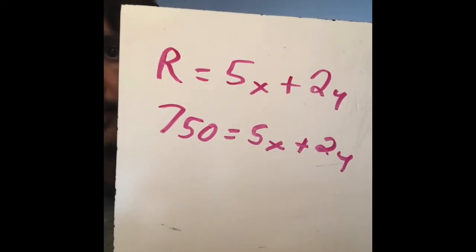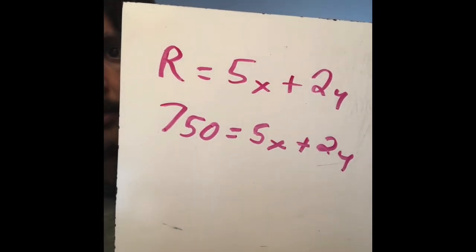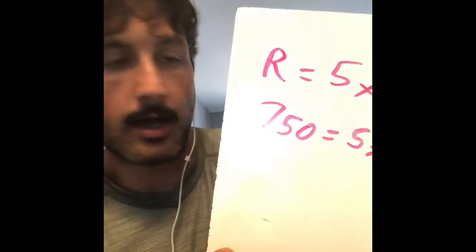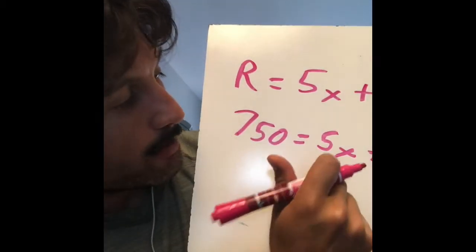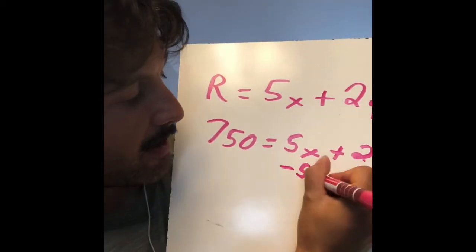Solve the equation for the number of children's tickets in terms of the number of adult tickets. So you want the children's tickets by themselves. Isolate the number of children's tickets, so get Y by itself. Right now there's a positive 5X, so I'm going to subtract 5X.